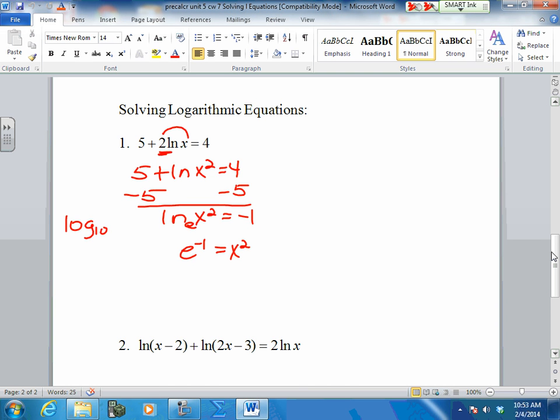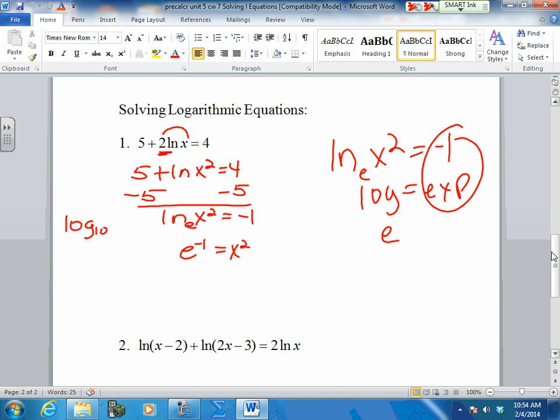Oh, wait. So we flipped it around. So how didn't you just drop the ln? We didn't. We converted this. What's the base of this log? E. What's the exponent?